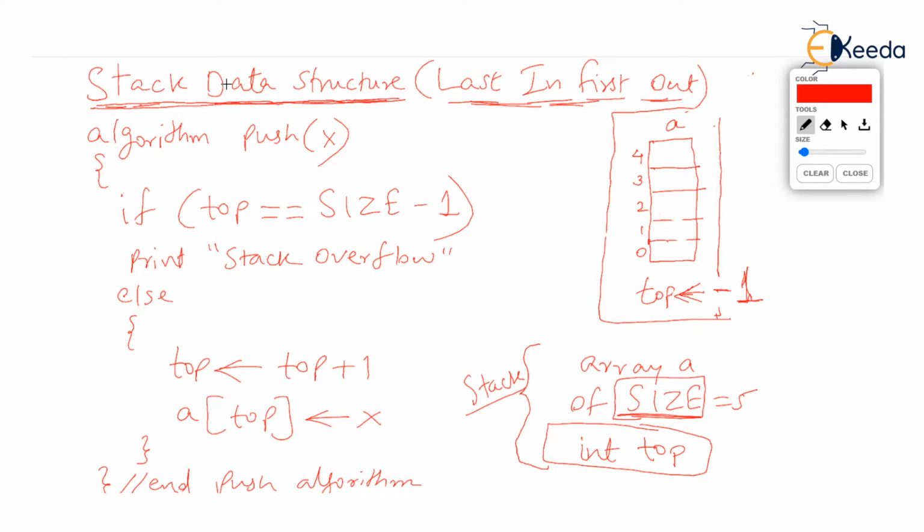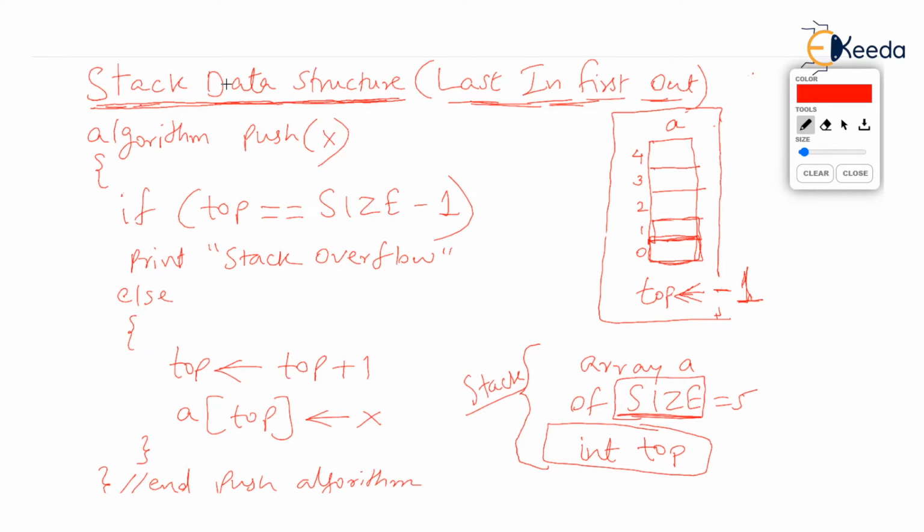Top is -1 means even the 0th element of the array, even this lowest element, is not used. So forget about the elements above them, correct or not? Even the 0th element is not used. That means top is below that element. Top is -1. So whenever top is -1, we say the stack is empty.